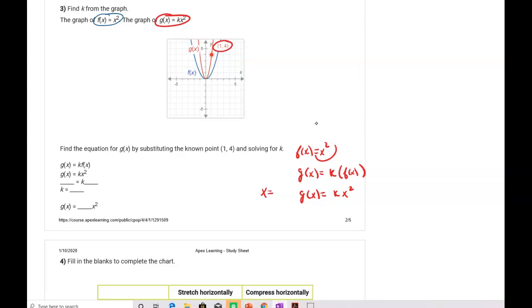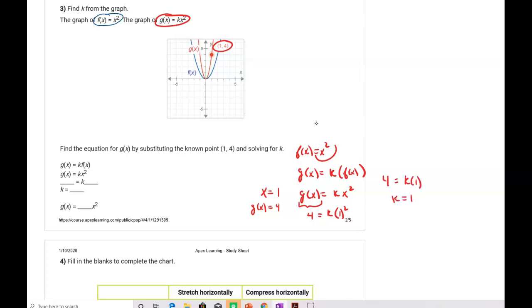If we know that ordered pair (1, 4) is on the red graph, we know x is equal to 1 and g of x is equal to 4. So what we're going to do is plug these values in. 4 equals some number k times 1 squared. We know 1 squared is 1, so 4 equals k times 1.